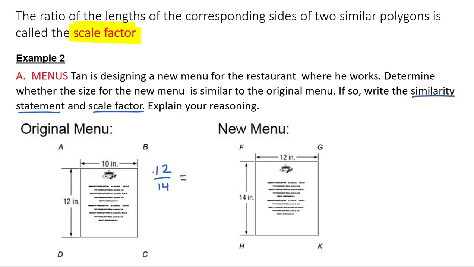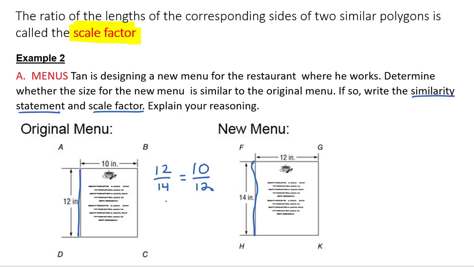12 is to 14. The longer sides, is that proportional to the shorter side? Make sure you started with this rectangle ABCD, so I have to start with that. 10 is to 12.